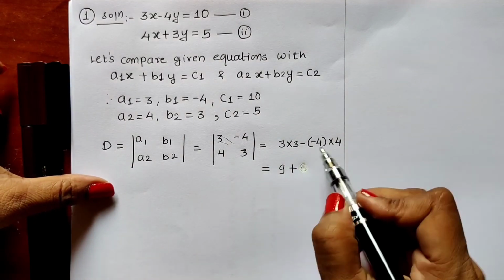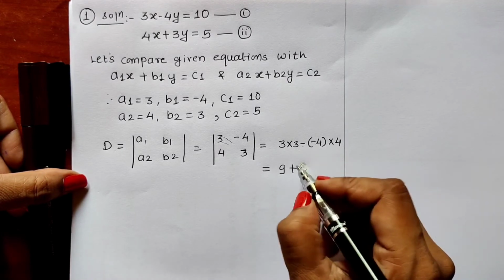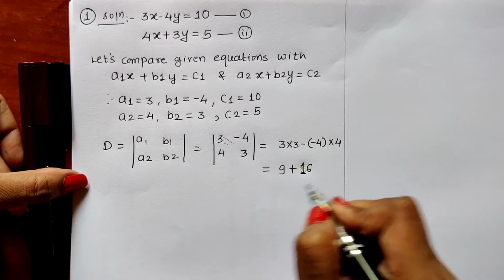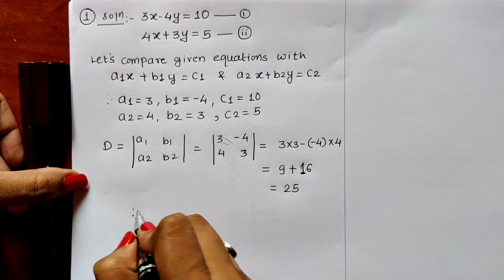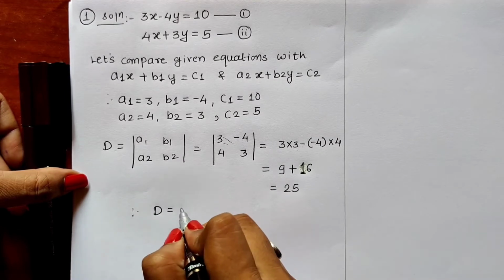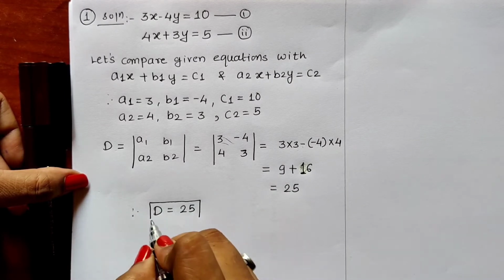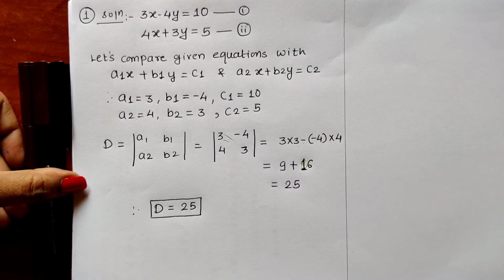Multiplication of these two coefficients minus multiplication of these two coefficients. So here minus minus becomes plus, 4 fours are 16 we write here. 9 plus 16 is 25. So D is equal to 25. Okay. So the first determinant value we have got. Now let us get the dx value.